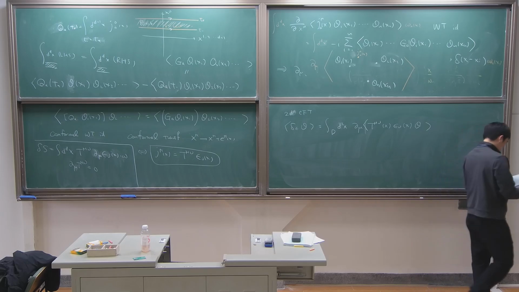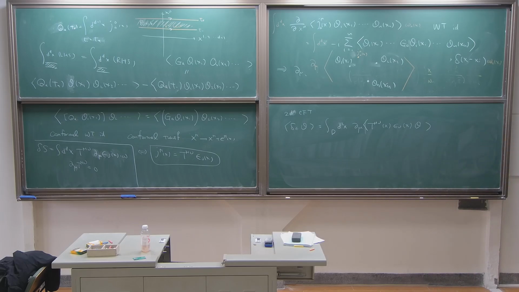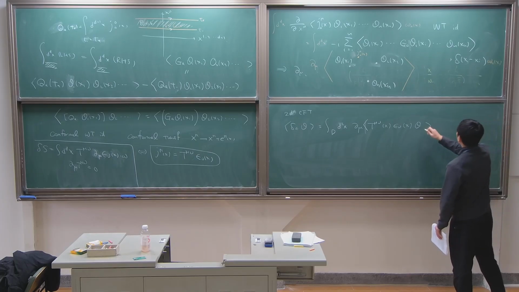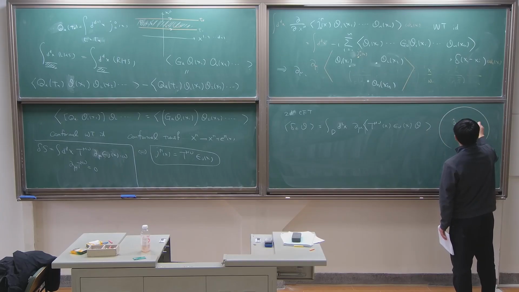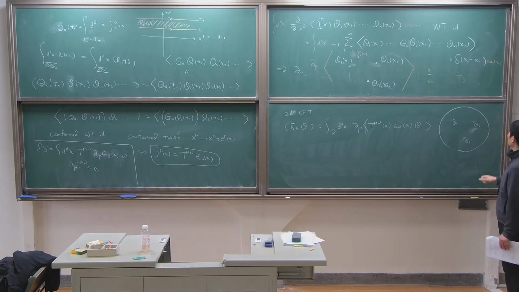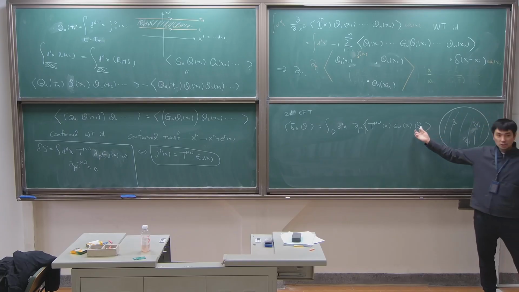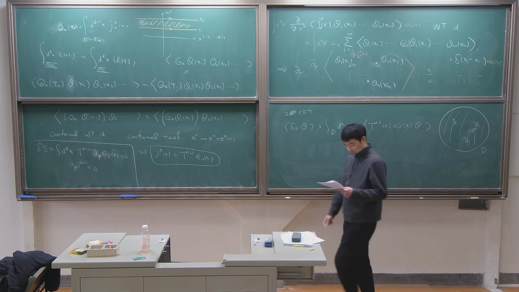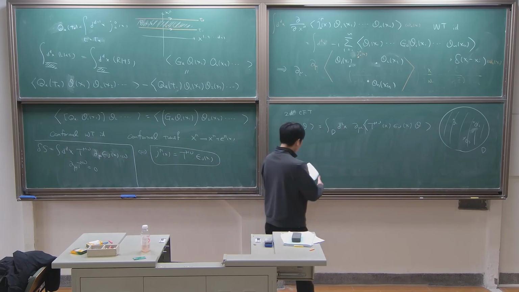So D is some domain. The operators can be something like a product of operators, O1, O2, O3, and so on, and D is a domain which includes all the operators. That's the domain we consider.